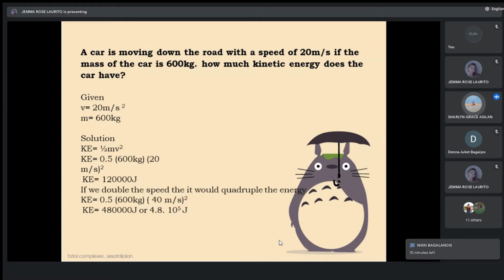The given velocity is 20 meters per second, and the mass is 600 kilograms. The solution: kinetic energy equals 1/2 times mass times velocity squared, so kinetic energy equals 0.5 times 600 kilograms times 20 meters per second squared. The answer is 120,000 joules.